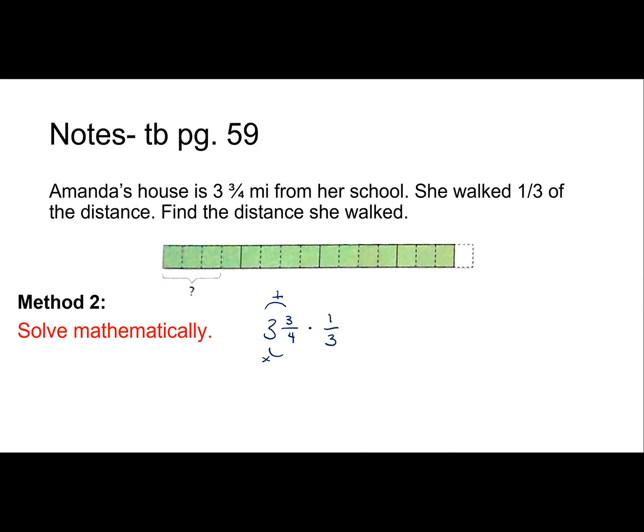So 4 times 3 would be 12, plus 3 would be 15. So we have 15/4 times 1/3. Then we can cross cancel. Which two numbers can I cross cancel and what can I divide them both by? Mendel? You can divide 15 and 3 by 3.